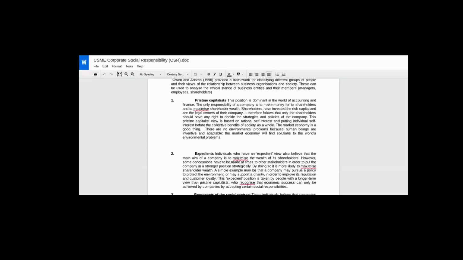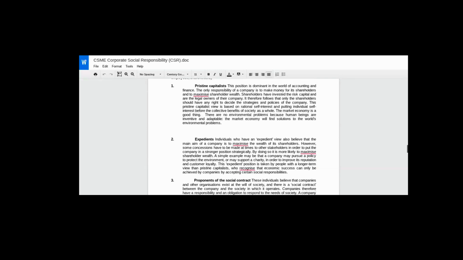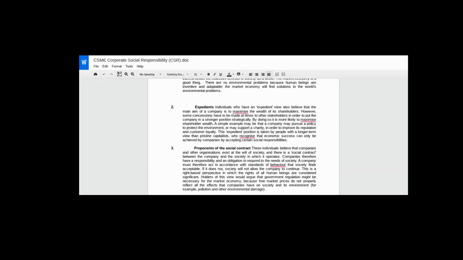And anything that comes in form of profit, surpluses or what have you, should go to the shareholders because they are the risk bearer. Any issue of environmental sustainability, building of roads or whatever, let the government build roads, rehabilitate and create jobs. That's the view of the pristine capitalist.